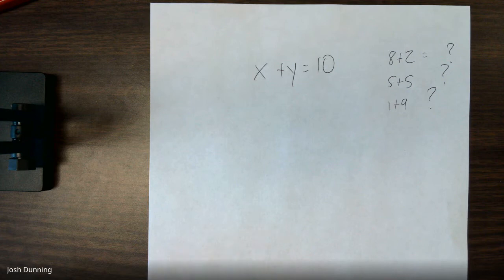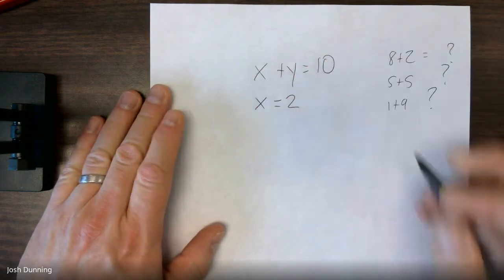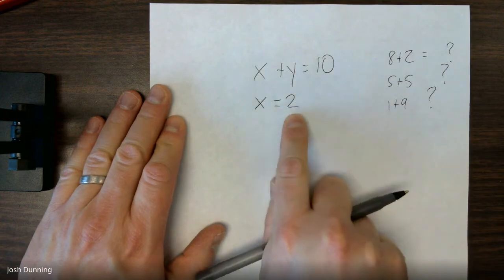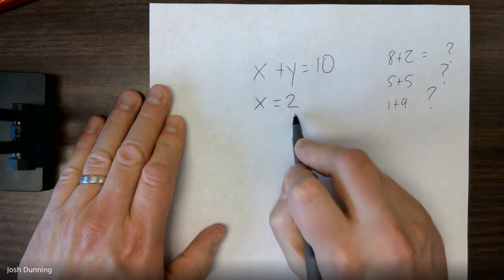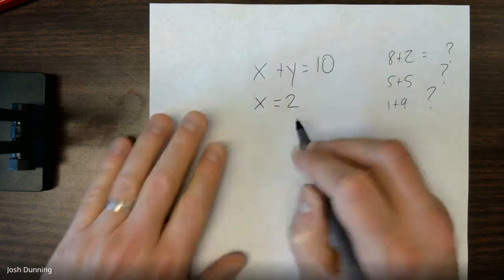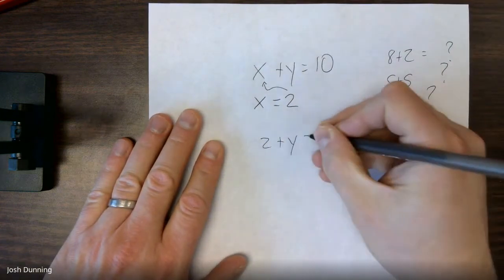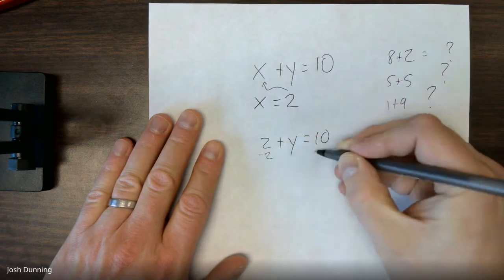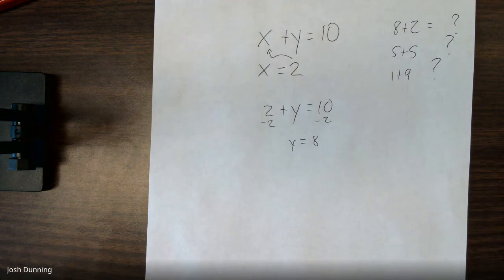But what if I were to tell you with another equation, x equals 2? If I give you a second equation, this is a pretty simple equation, it's just x equals 2, but if x is 2, we know for sure that y has to be 8.